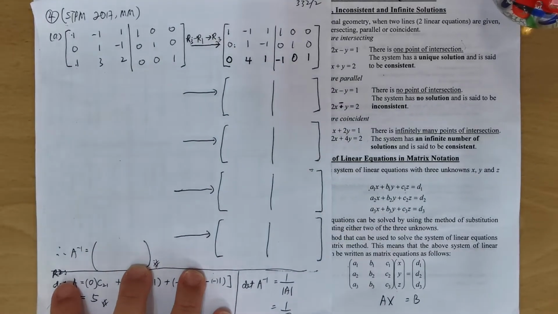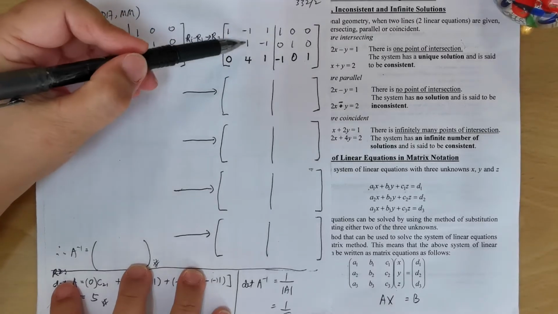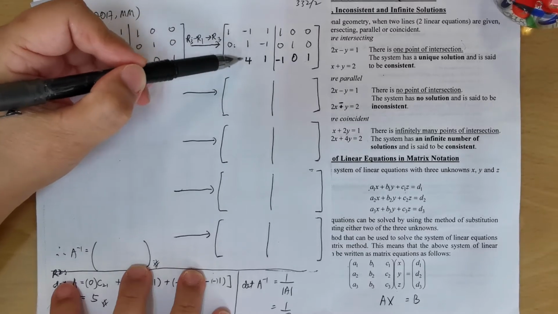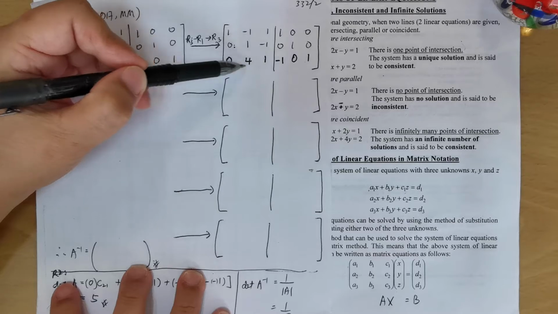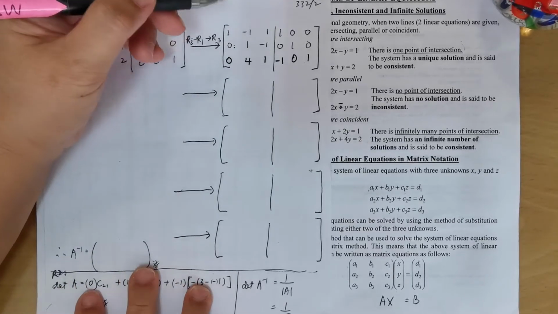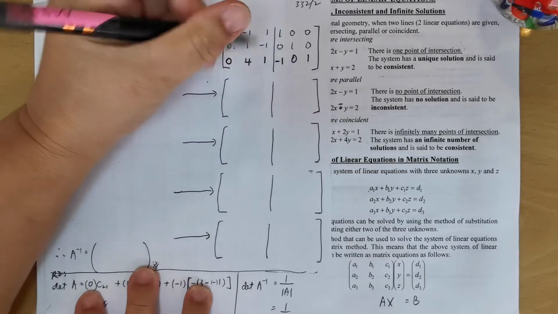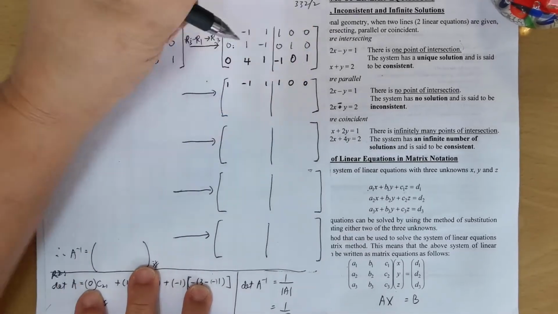So next step, after 1, 2, 3, I'm going to change this one. This is already 1, so no need to change again. So this one needs to change to 0. 0, 0, 1, so I need to change this one to 0. So what I can do is change row 3 also. If I change row 3, then 1 and 2 remain the same.